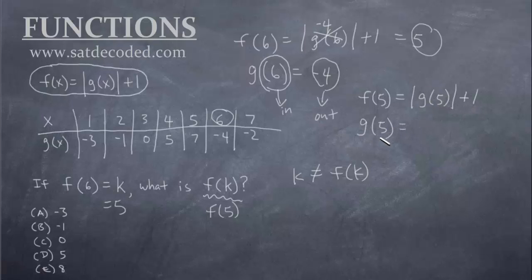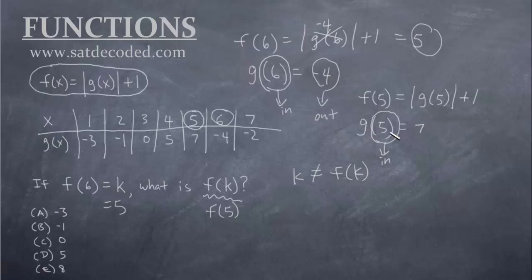So g of 5, we don't have a master formula, but we do have this table right here, so let's use this table. Again, let's identify the input. Input for g of 5 is 5, so let's locate that right here. And it says when the input is 5, the output is 7. So g of 5 is equal to 7.